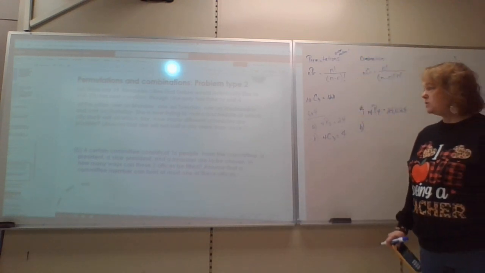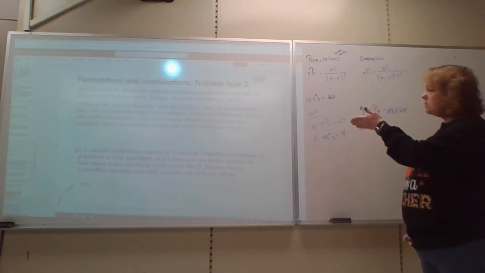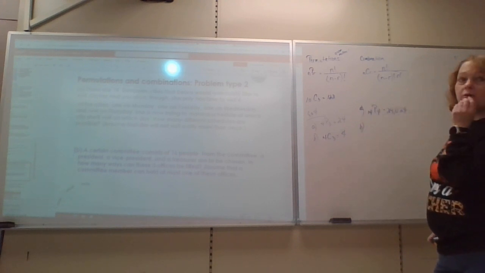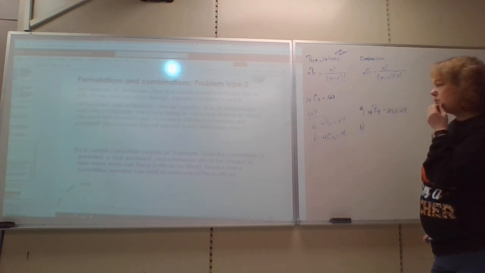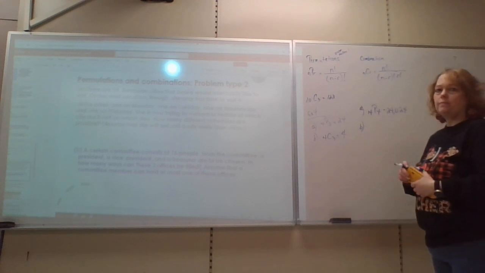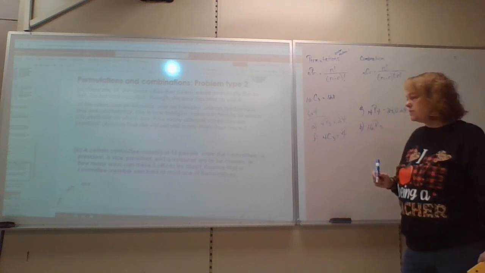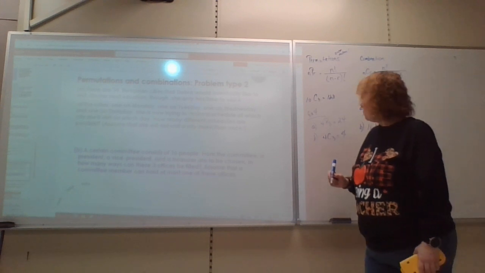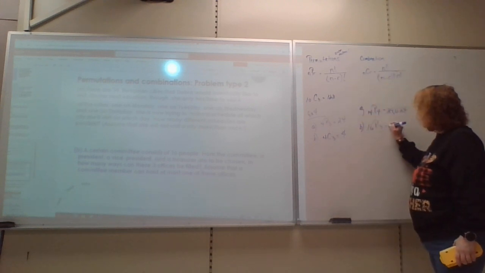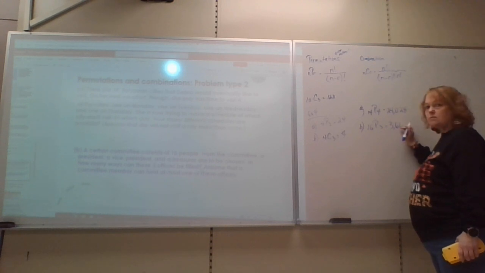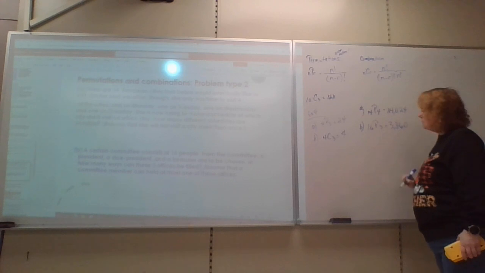So we're going to use permutation. What do we put first? 16P3, because there are 3 offices. 3,360.